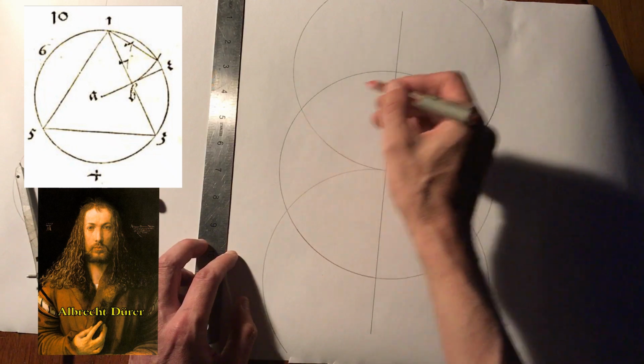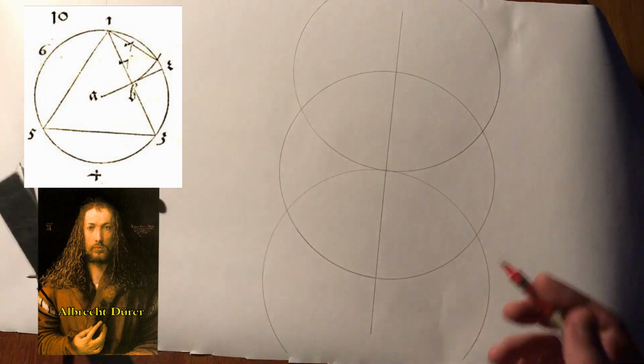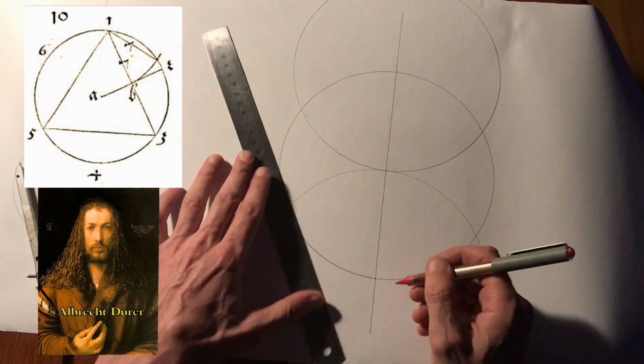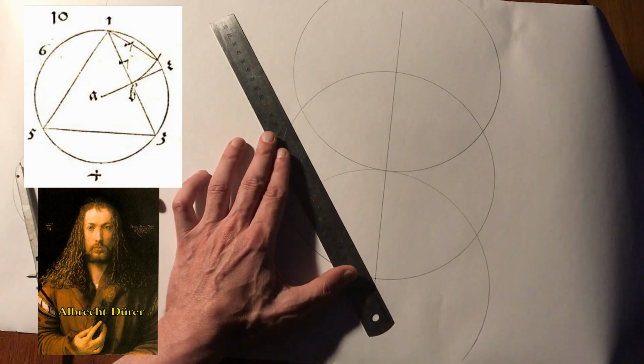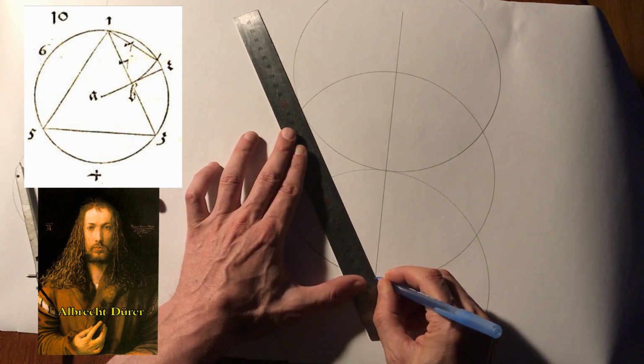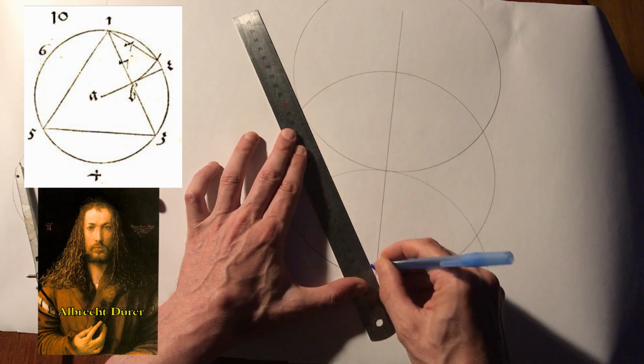Now let me go over. Okay, so I have 1, 2, 3, 4, 5, 6 points, but what I need to do is draw a Star of David. I want to use that point, this will bleed through. So I'm going to draw an equilateral triangle.